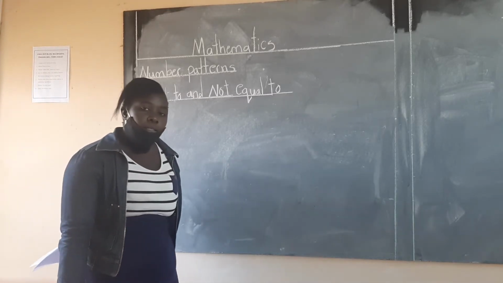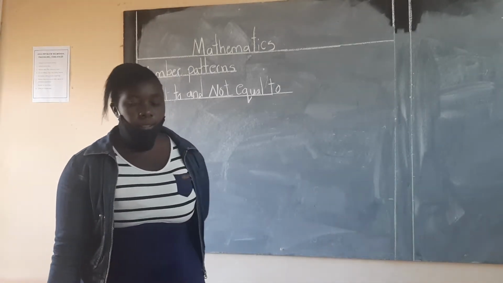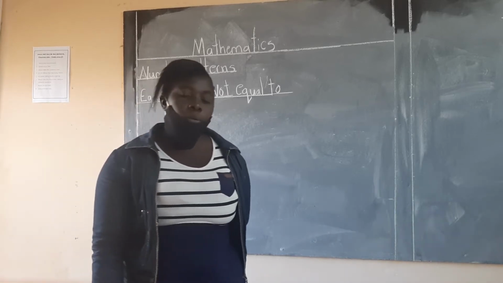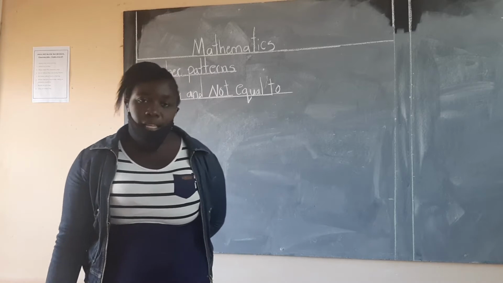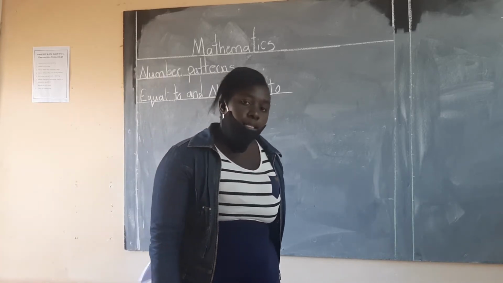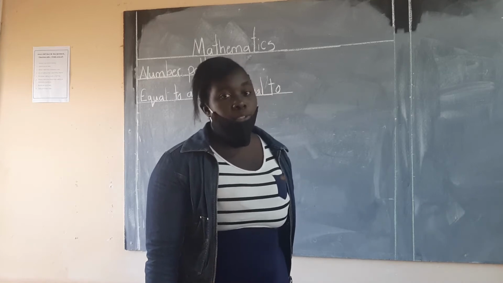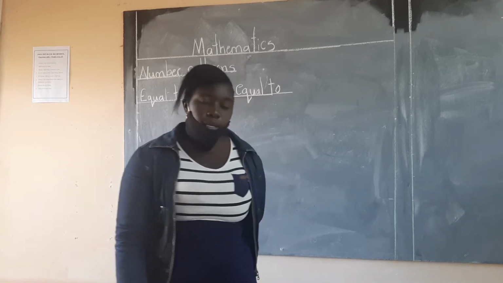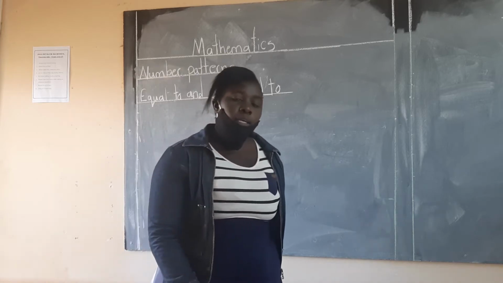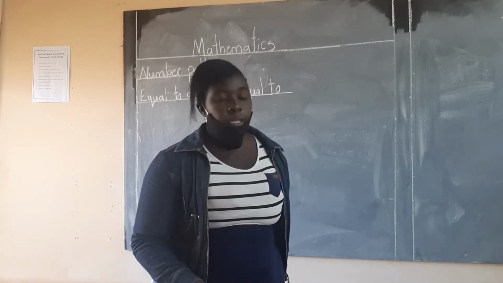Last time in mathematics, we were looking at number patterns, and under number patterns, we were talking about greater than and less than. Greater than and less than in mathematics is used to describe numbers.